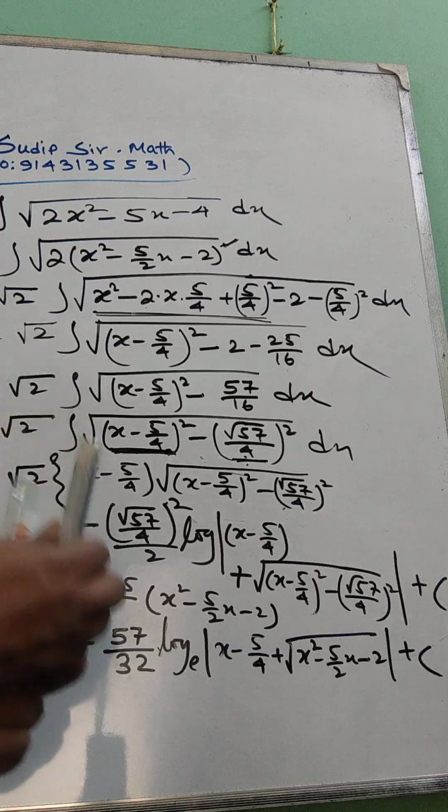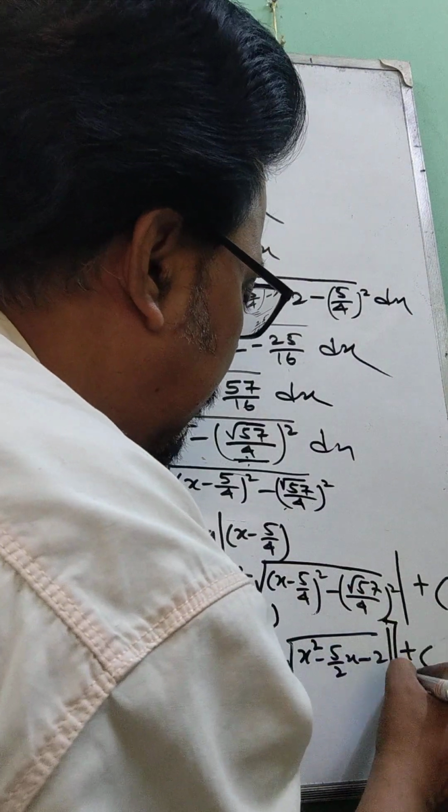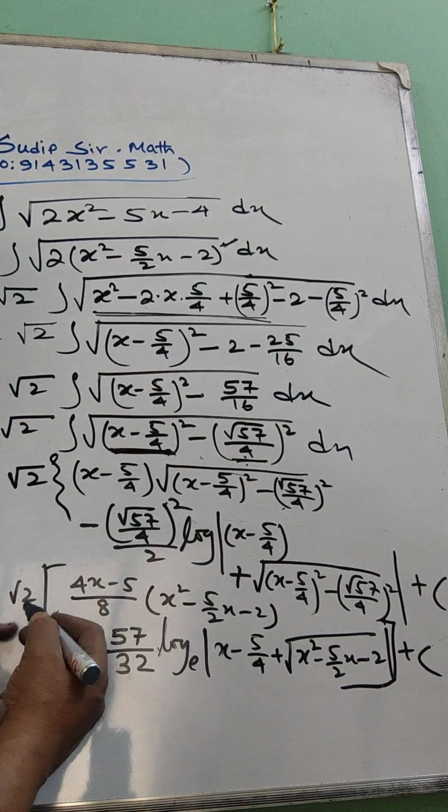So finally your answer, and one bracket will be there because of root 2.